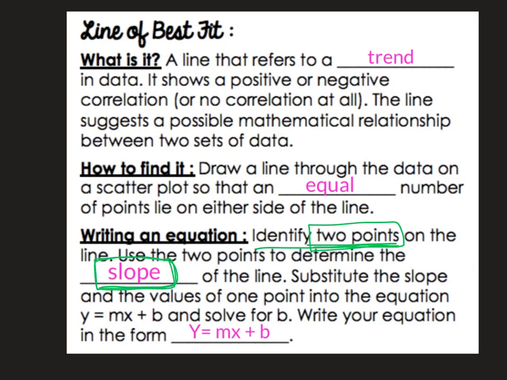Before, I've taught you that to get the slope of a line, you do y2 minus y1 over x2 minus x1. Once you find the slope of the line, the next thing we can do is figure out what the y-intercept is, even if we don't have a graph. And I'll show you how to do that in just a little bit.